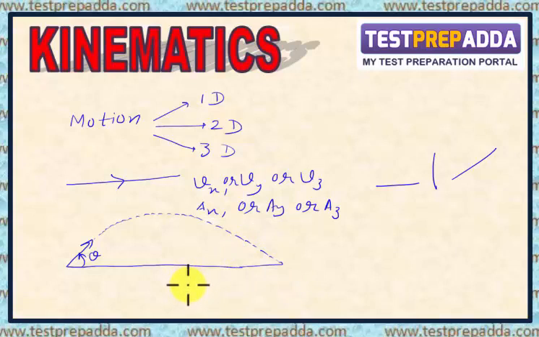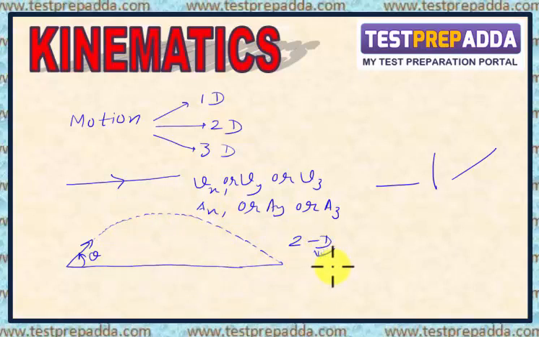This is two-dimensional motion. This motion, called projectile motion, is an example of 2D motion.